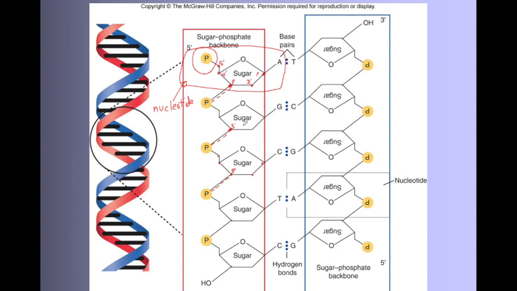Now, when these nucleotides exist all alone, floating out in the cytoplasm, you'll find they actually connect with 3 phosphates. So it's a sugar with a triphosphate and a nitrogenous base on it. This might sound familiar because we've talked about that exact same structure for our energy molecule ATP, which is also a nucleotide. So in its free form, this nucleotide has 3 phosphates on it.